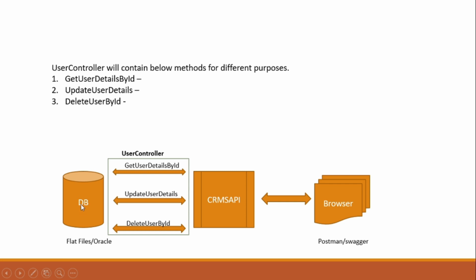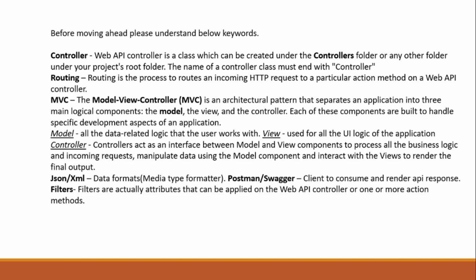Currently we will be using flat files like JSON and XML files to save the data. At the end of the video we will also understand how to connect this API to a database; we will be using the Oracle database. We will use ADO.NET for that.